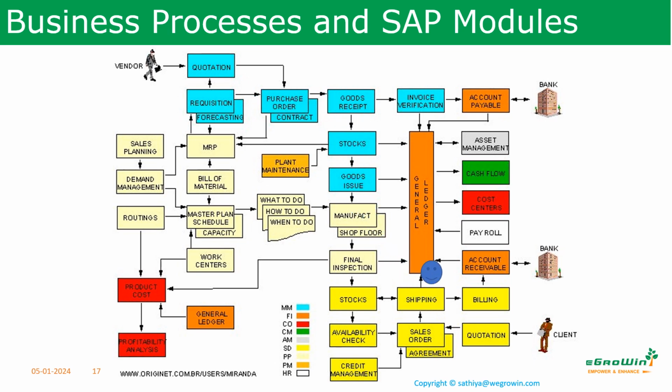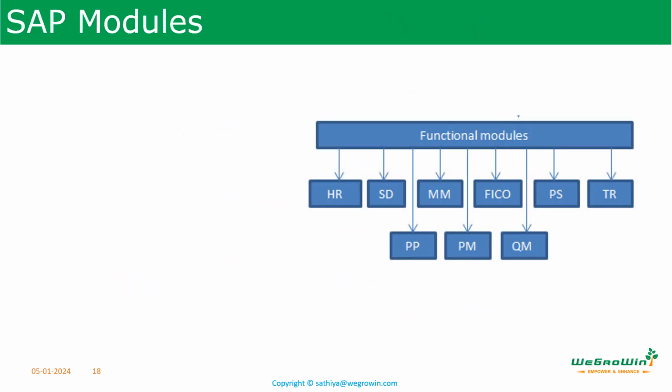After receiving the material, it is manufactured. Then it is sold to the customer. These are accounted, and finally, the amount is paid, and also the amount is received from the customer. To cover these processes, there are multiple modules like MM, FI, CO, and various other modules. We will discuss them in detail later in the next session.